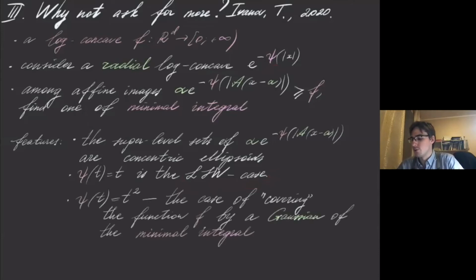And in case of psi equal to t squared, you look for this covering log-concave function of minimal integral that is a Gaussian function. So if you, instead of psi, write just x squared, you look for a Gaussian distribution that is at least your log-concave function f pointwise, and that is of minimal integral.